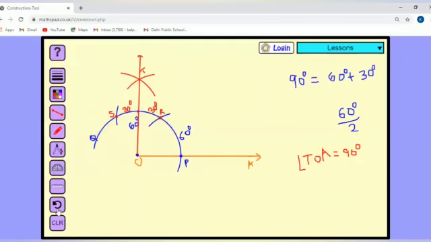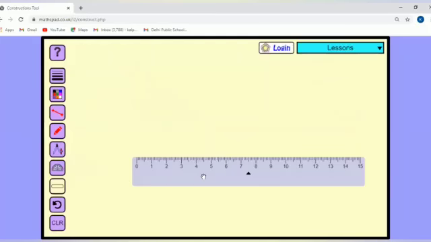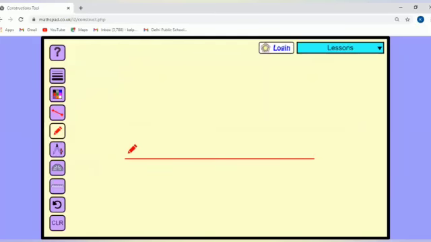So let us construct 180 degrees. You know 180 degrees is called a straight angle. So let us take a line. Mark a point on the line, taking O as center.